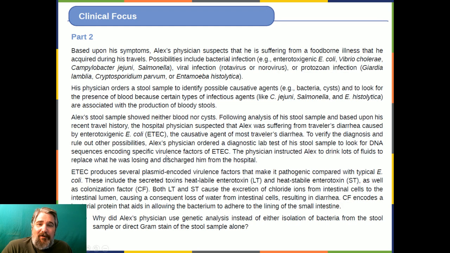Okay, so clinical focus part 2. Alex has the foodborne illness, so that's what his physician suspects. Some of our options that we have seen before: enterotoxigenic Escherichia coli, our good friend cholera, of course, and then Campylobacter jejuni, various Salmonella strains, or it could be any number of viruses involved.